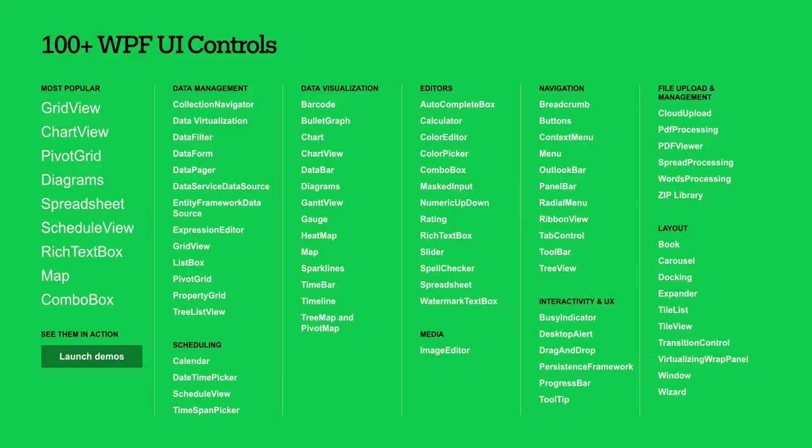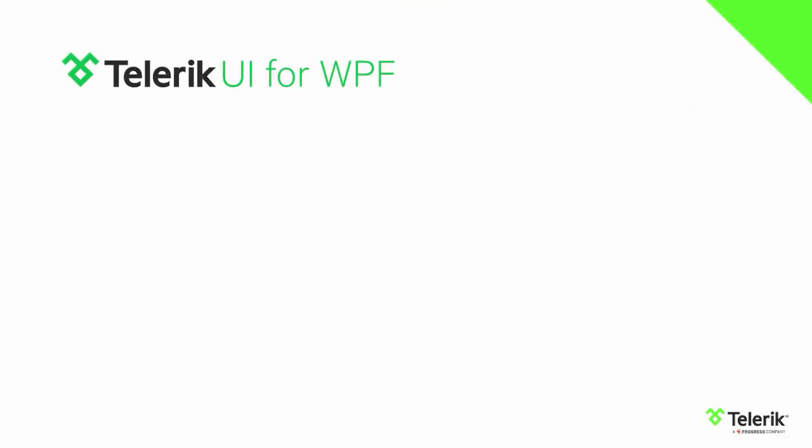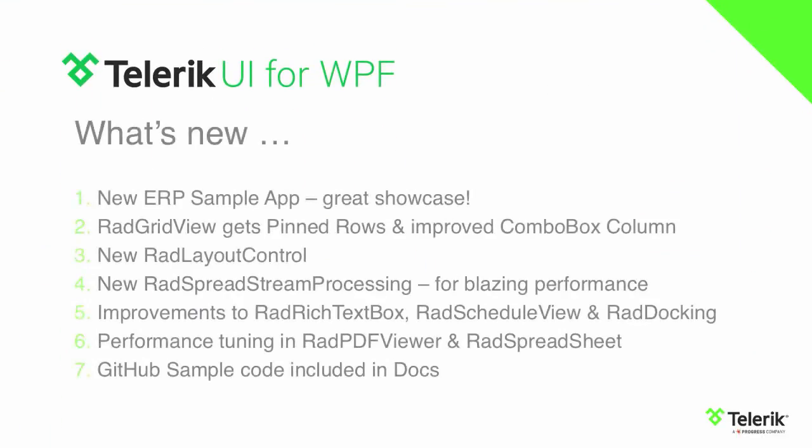Just take a look around at the variety of controls, including some of the most popular controls like the grids, the charts, the spreadsheets, the maps, and so on. These are really not UI controls that you want to recreate by hand. So take a good look around, and I'm sure you will find UI controls that are just the perfect fit for your WPF apps. So, what's new in Telerik UI for WPF in this release?